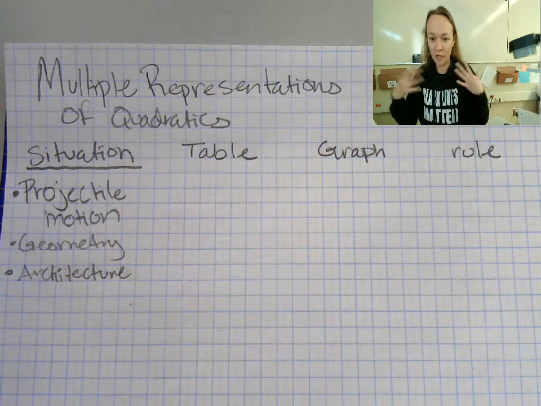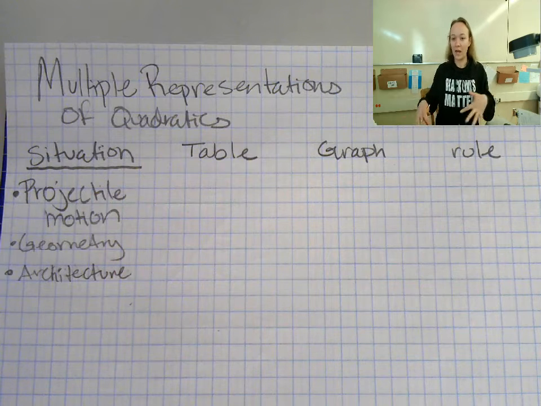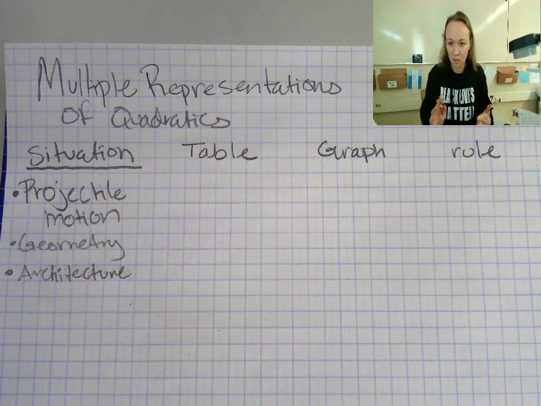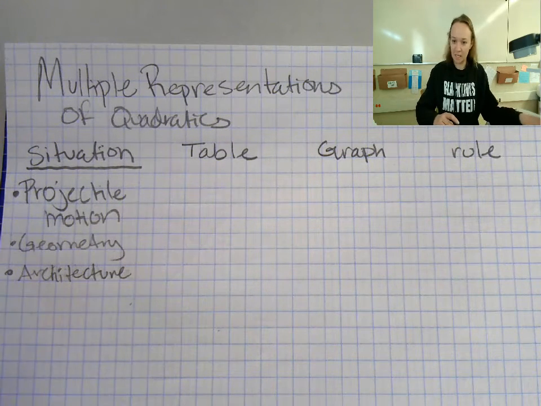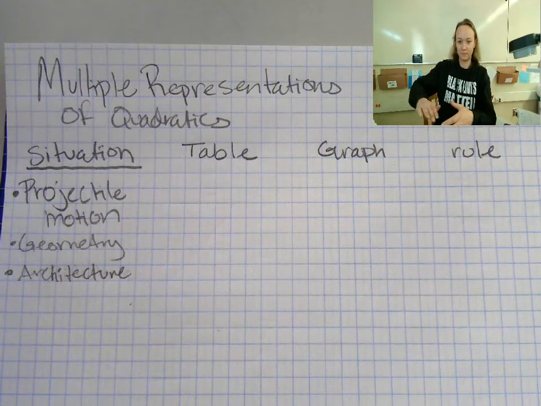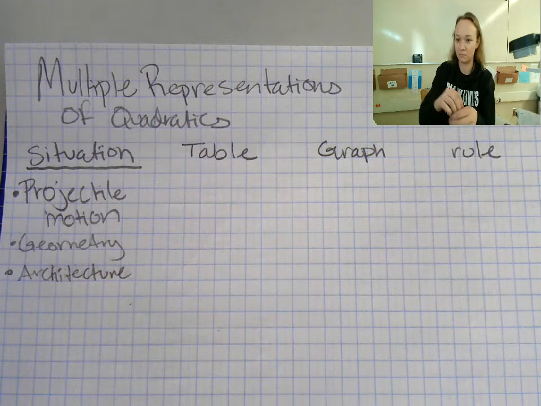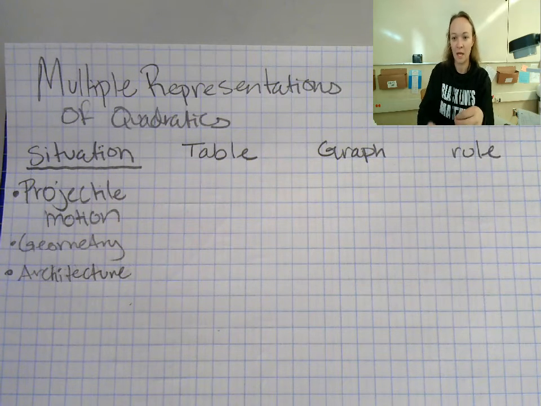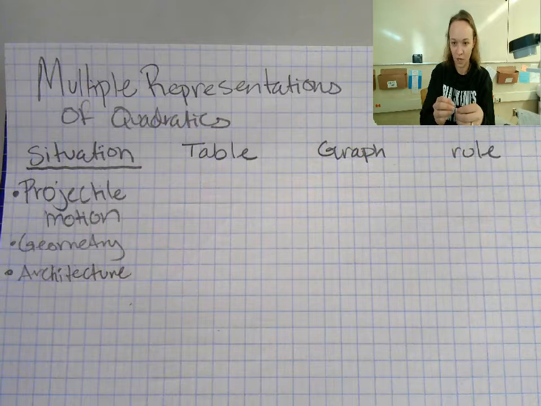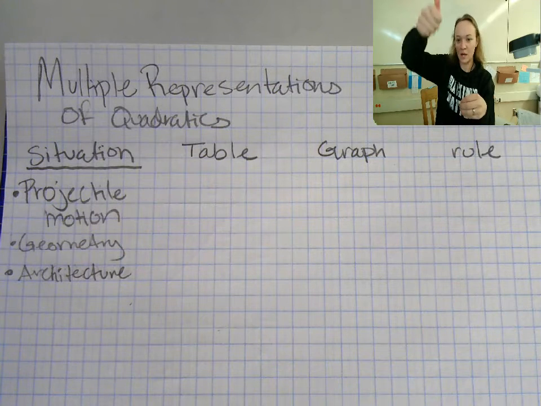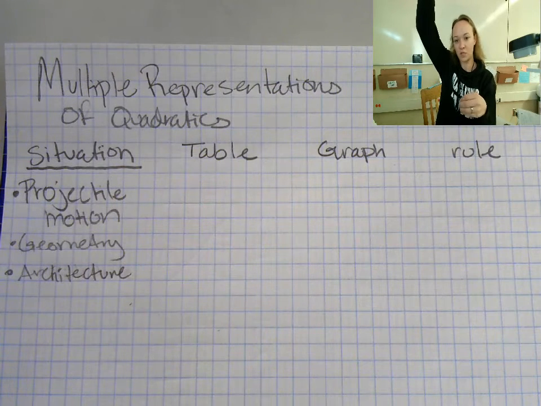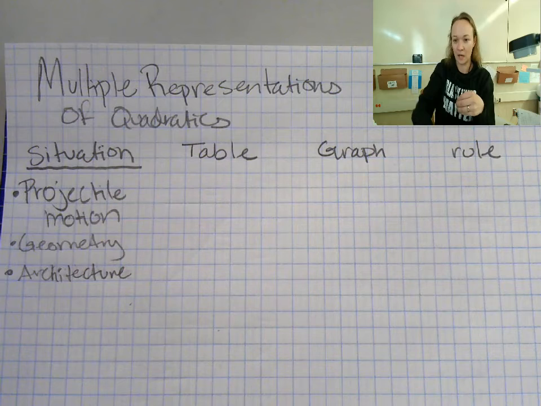So for our example today, we are going to look at a hypothetical situation in which someone is testing a rocket. It's a homemade bottle rocket sort of situation. They're going to light a fuse, and then the rocket is going to shoot straight up in the air as high as it goes, and then it's going to come back down.